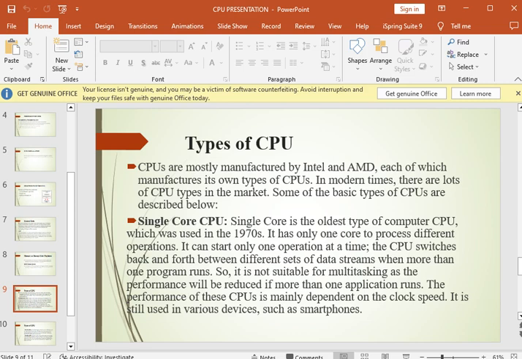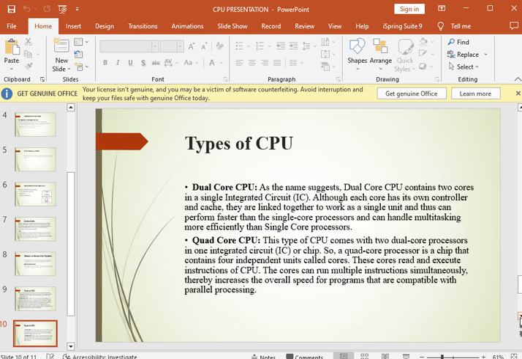So it is not suitable for multitasking as the performance will be reduced if more than one application runs. Then performance of this CPU is mainly dependent on the clock speed. It is still used in various devices like phones and so many others.